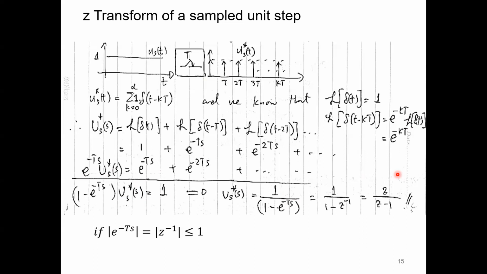So we assume that e to the minus ts, this one, is a complex number, but the magnitude of this is less than 1. In fact, this has to be less than 1.